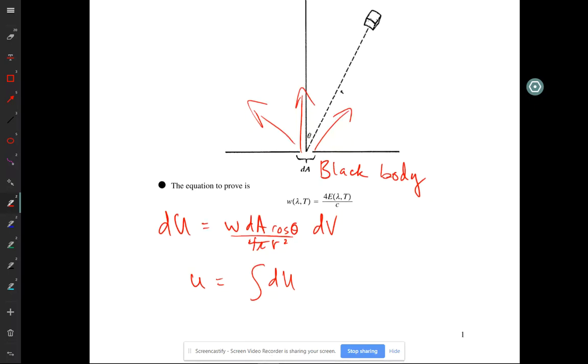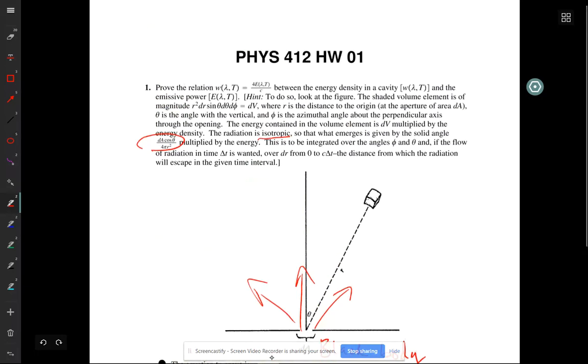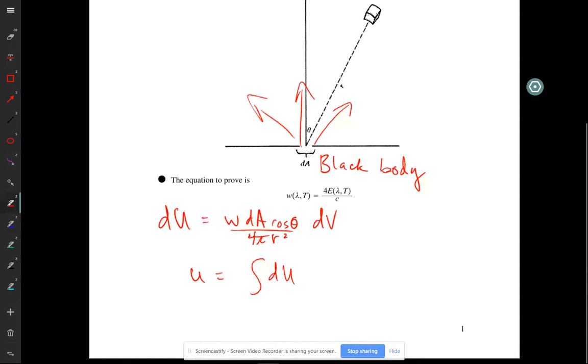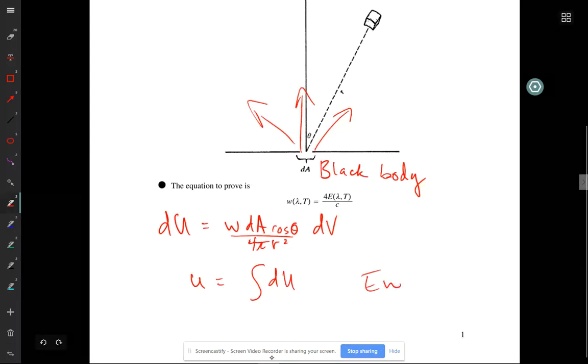And then the final step, the one I couldn't remember when I was talking to Chad, is that we want to find the energy density, and the energy density is equal to U over the area and time. So that would be over delta t dA. I thought that was the emissive power.